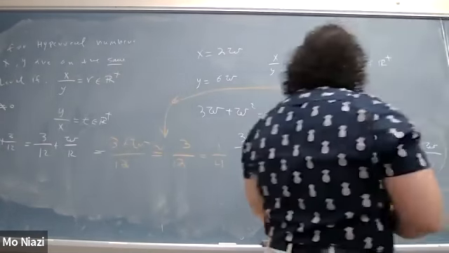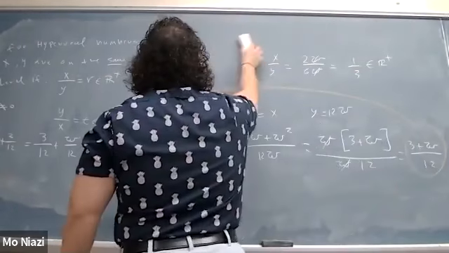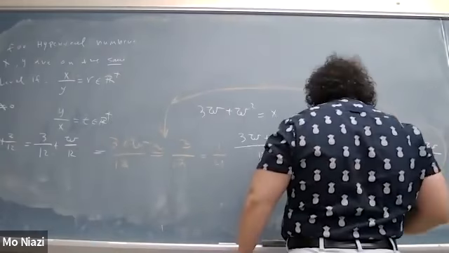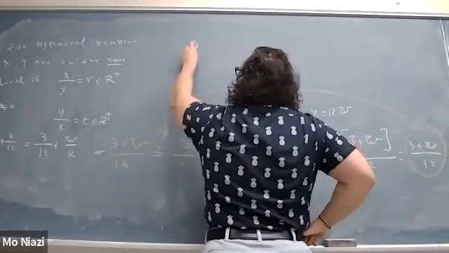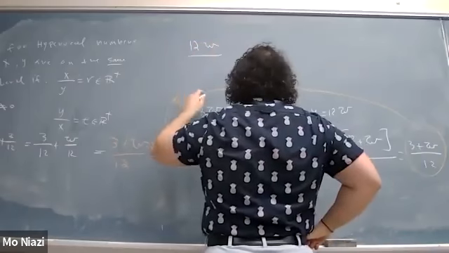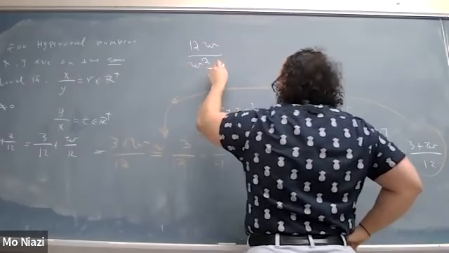What if the ratio was flipped? I just arbitrarily picked one to be x and one to be y. What if I switch it? What if I have 12 omega divided by omega squared plus 3 omega?